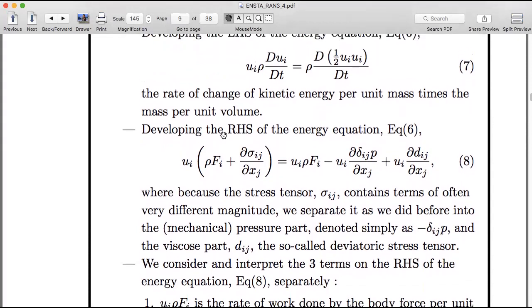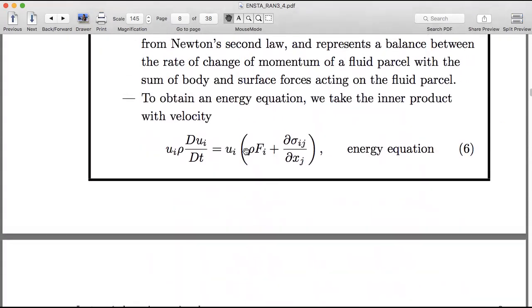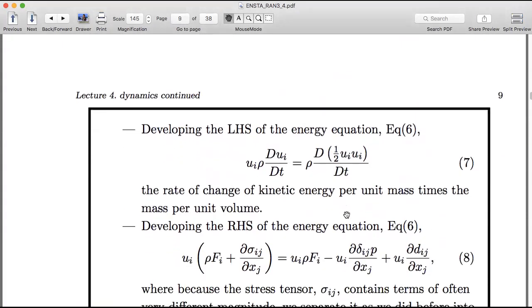So developing the right-hand side, we had 3 terms here, or sorry, it looks like we have 2 terms, but I'm going to expand this stress tensor in terms of the mechanical pressure and then the departures from the isotropic part, or in other words, the part along the diagonal. So there's the diagonal part of this stress tensor, which is the mechanical pressure by definition.